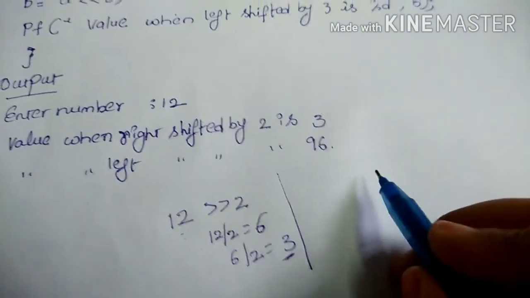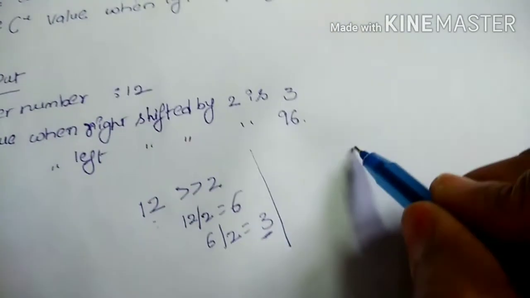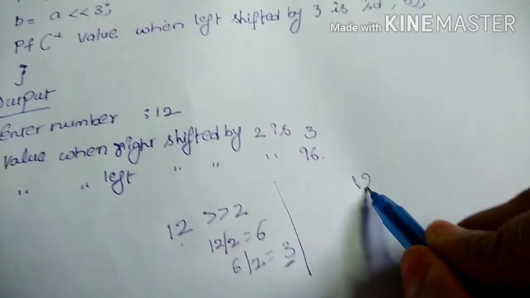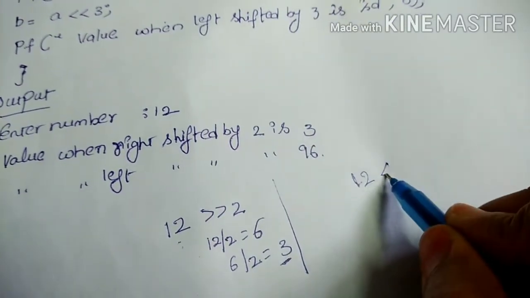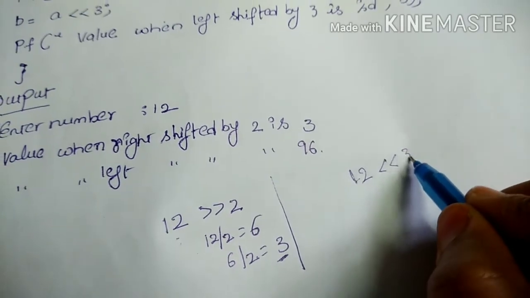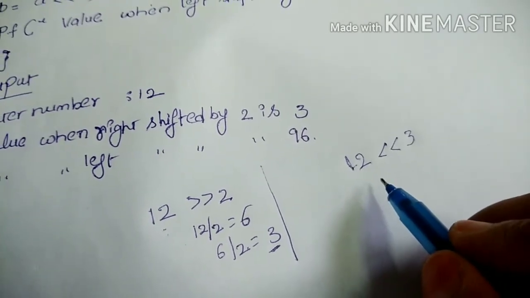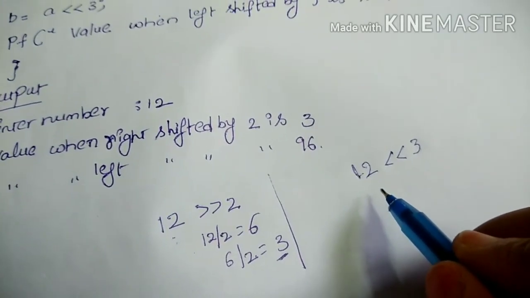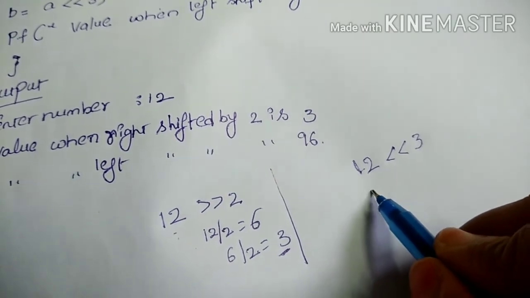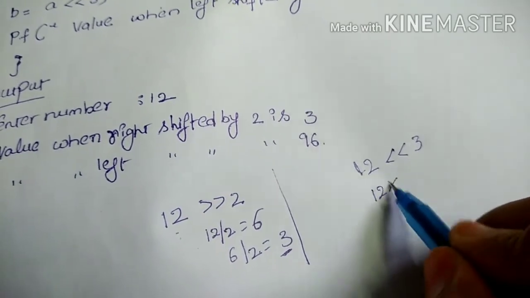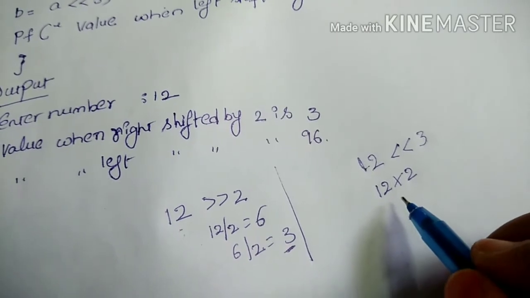So let us consider the left shift operation. The value is 12, left shift by 3. Left shift means multiply by 2, how many times? 3 times.